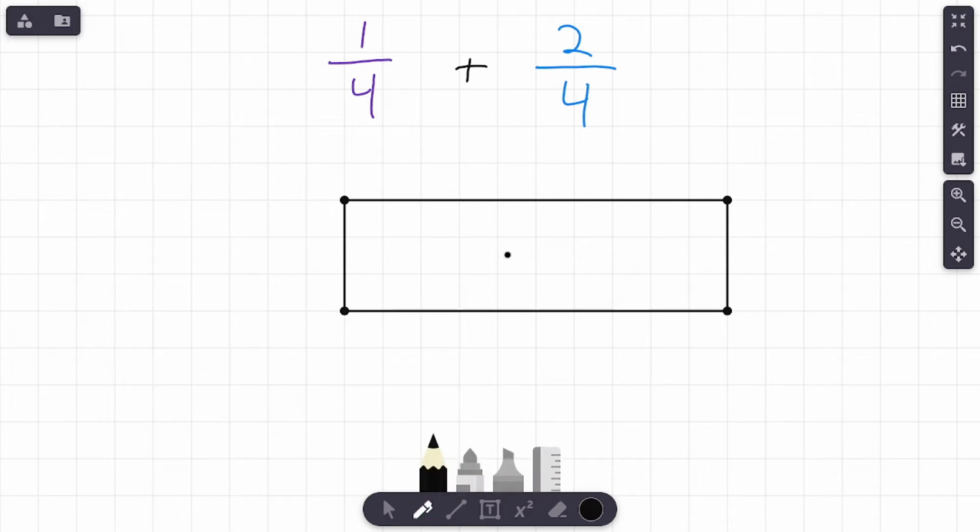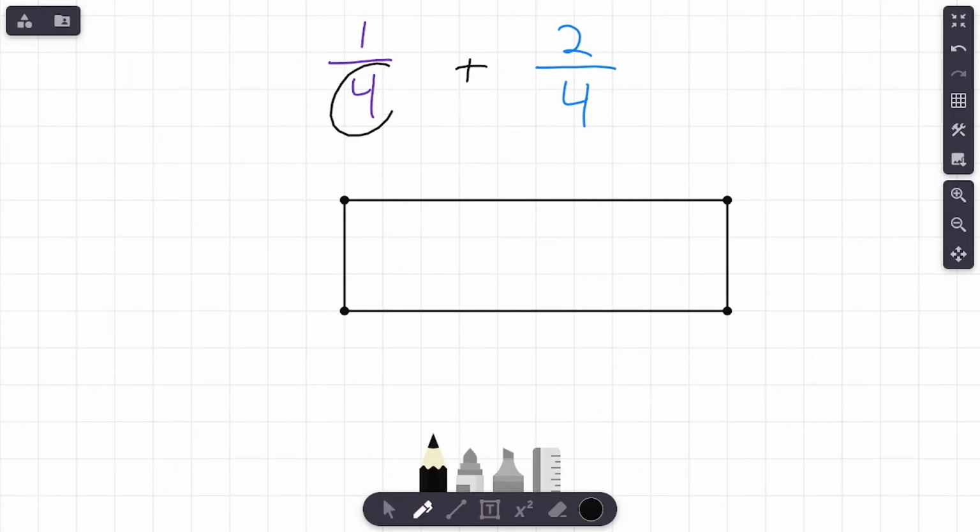So first thing I want you to ask yourself when you're looking at these two fractions is, do they have the same denominator? That is crazy important when we're doing this, okay? The reason it's really important is because it is super easy to add or subtract fractions if their denominators are the same.